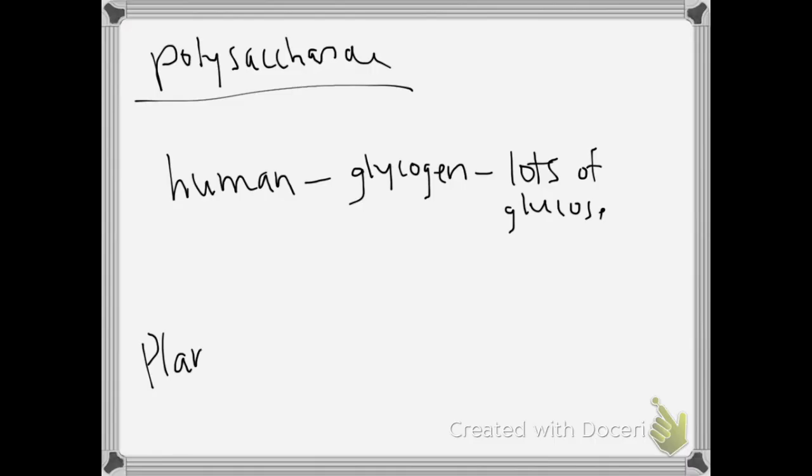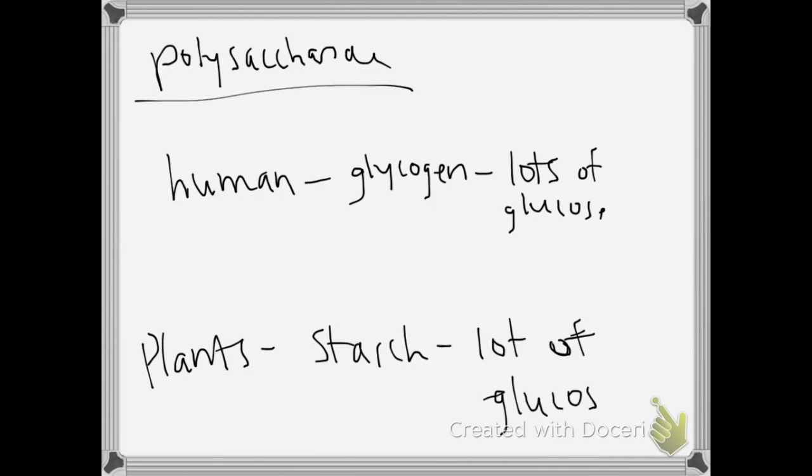Plants do starch, and starch is just binding glucose in a different way. The bonds in glycogen and the bonds in starch are a little bit different, but that's way too much biochemistry to get into. They're both just huge chains and branches of glucose.